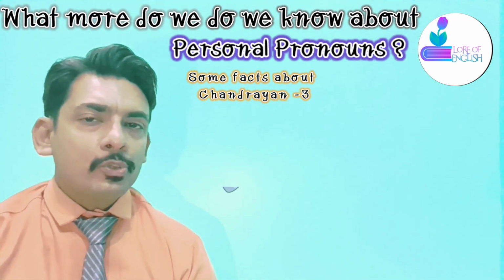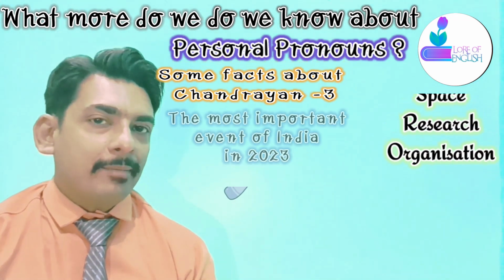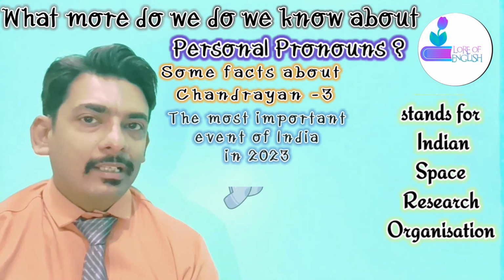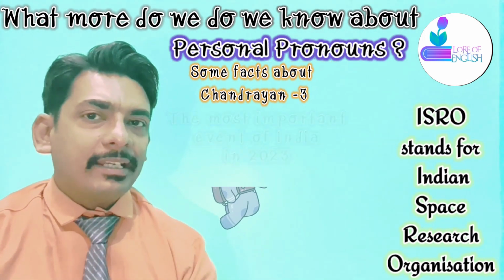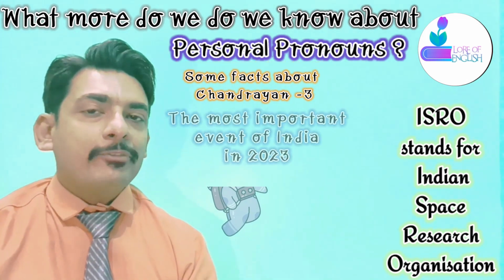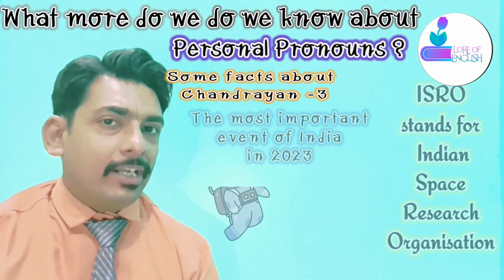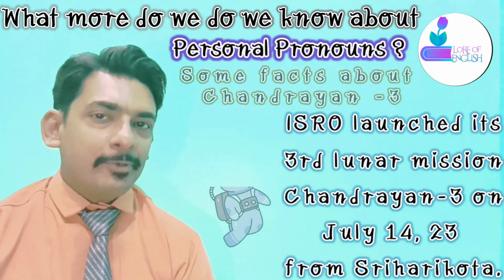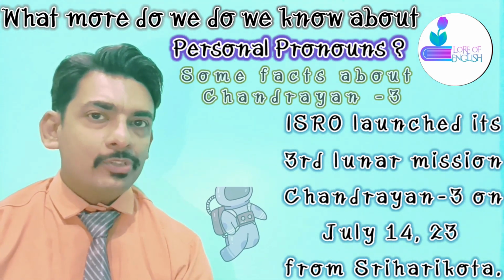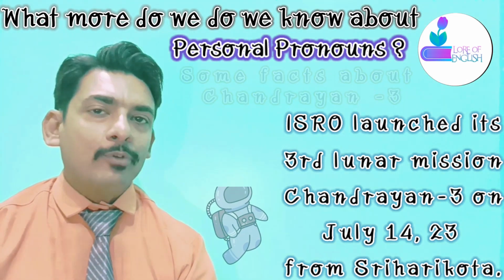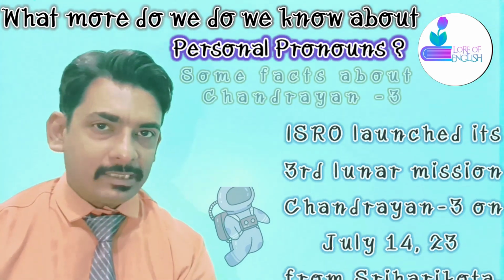Now, after so much knowledge about personal pronouns, finally we really need to understand, is there any relationship between subject and object pronouns? Like all personal pronouns, subject pronouns and object pronouns also are used to avoid repetition of noun in a sentence.